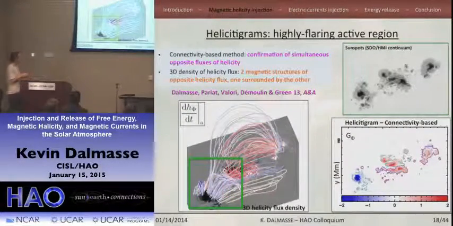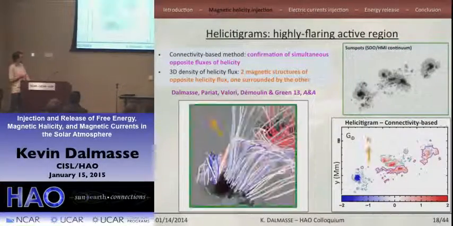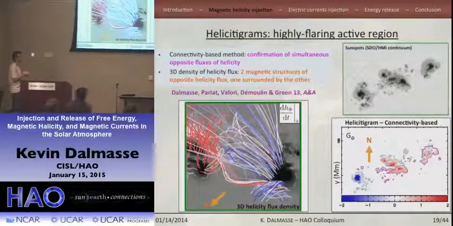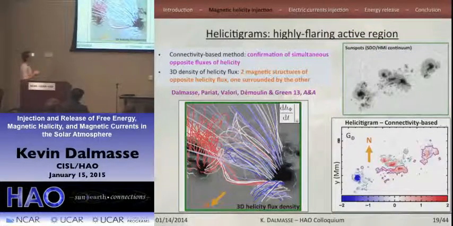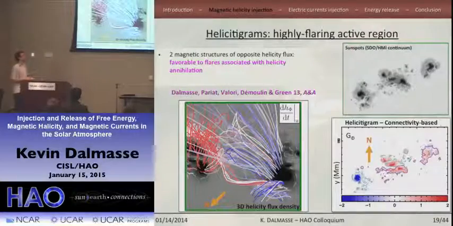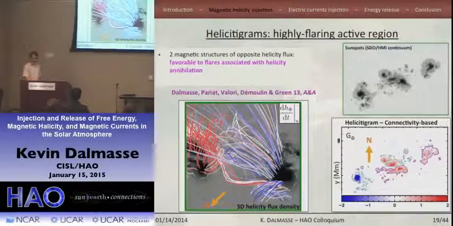Then, if we look at this subregion, I'm zooming in, and then I'm rotating the field of view, you can see that we have a magnetic structure here with positive helicity flux, fully surrounded by magnetic field lines with negative helicity flux. And so this region is potentially favorable to flaring activity associated with annihilation of magnetic helicity.